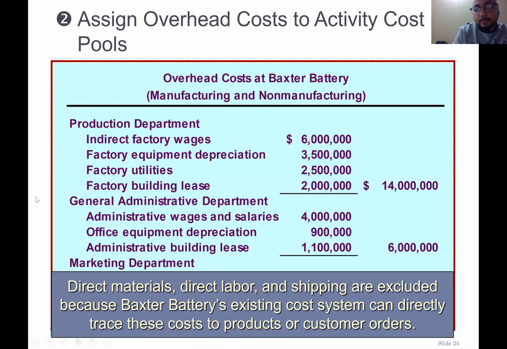Direct material, direct labor, and shipping are excluded because Baster Battery Systems can directly trace these costs to customer orders, as we defined earlier. Direct labor and direct material are easy to trace, easy to calculate.